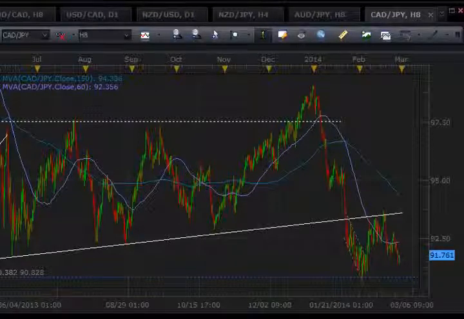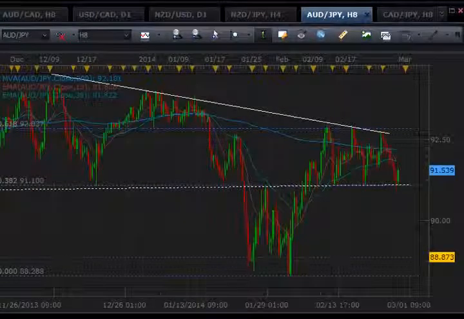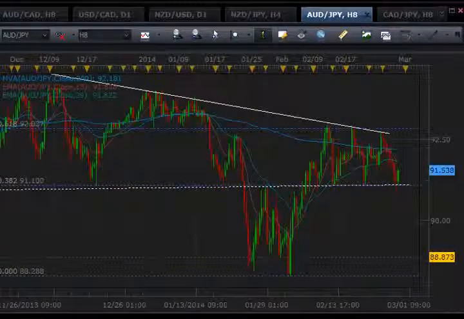In holding two currency pairs, the Aussie CAD and the Aussie yen, two separate trades, I have a choice: I can get out of one leg and allow the other leg to run. I can book profit on one leg and let the other leg get some time to develop.